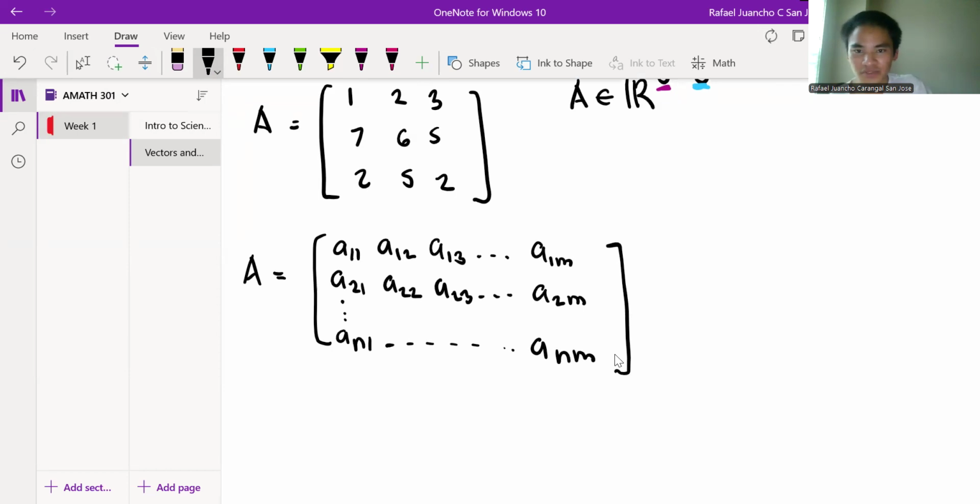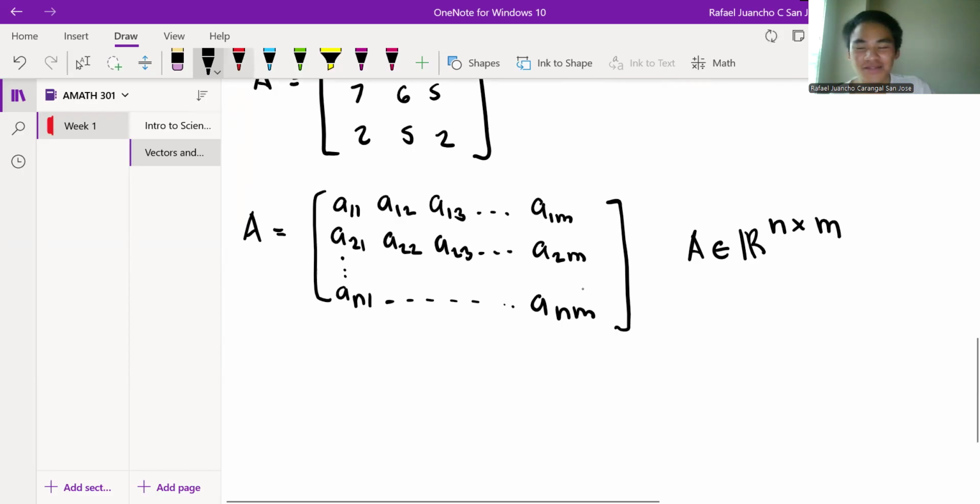What can we say about this matrix? Well, this matrix has N as in nice, by M as in me, dimensions. So we have n rows and m columns, right?